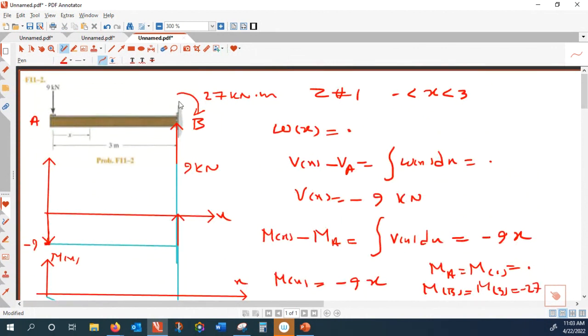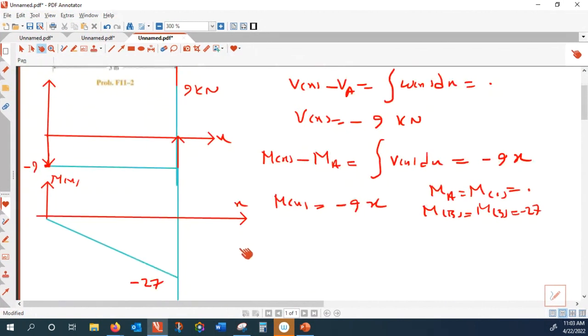That discontinuity is a reaction which makes the right hand side 0. Yeah, that sign of the bending is quite confusing, isn't it?